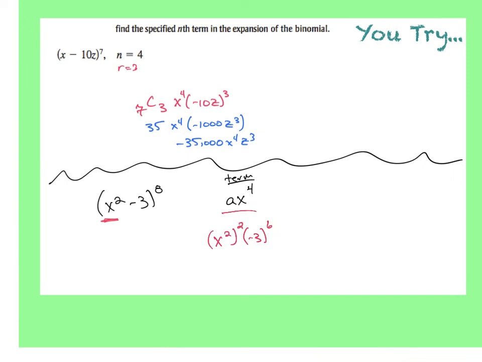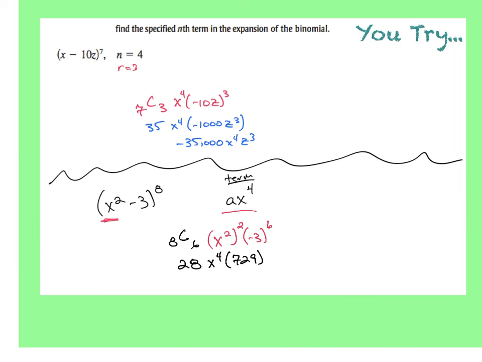So what goes out front? An 8 combination 6. Now I need to use my handy dandy calculator. 8 combination 6 ends up being, what is it? 28. And then I have x to the power of 4. And then I have negative 3 to the power of 6, which happens to be 729, positive 729, because it's an even power, it becomes positive.